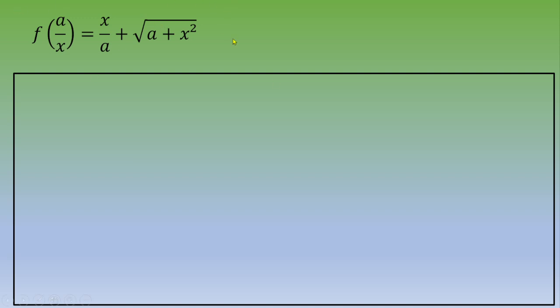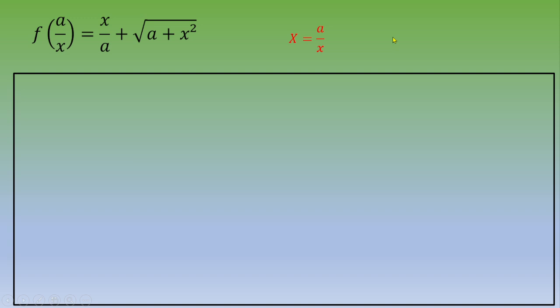So this is a functional equation, so one way to solve that is to change the variable between parentheses. So let capital X equal a over x, and x is strictly positive, so this is different from 0.